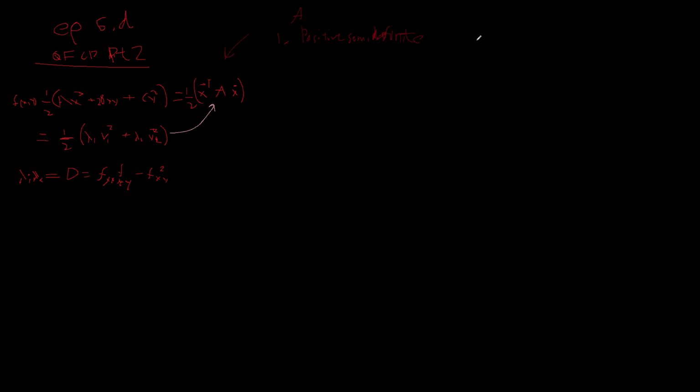A is positive semi-definite when all eigenvalues are greater than or equal to 0. Then positive definite, when all eigenvalues are strictly greater than 0.